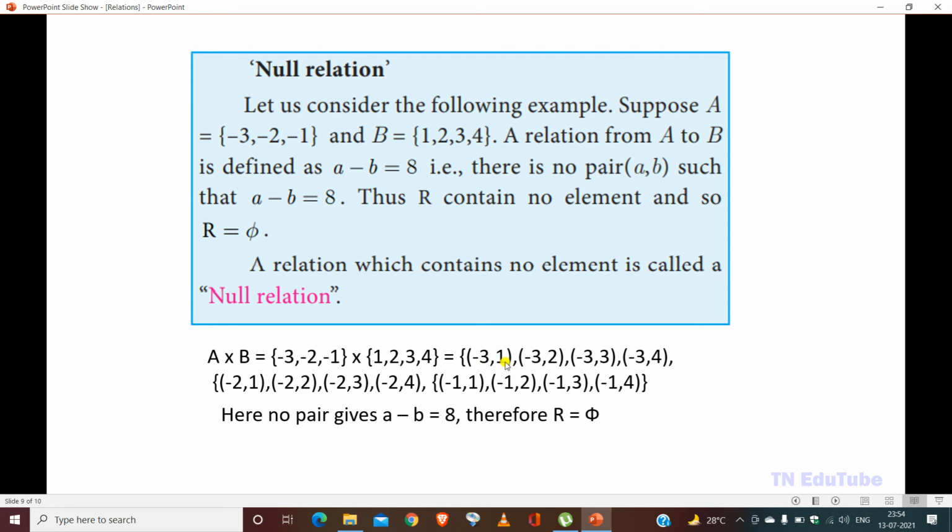Minus 3 minus 1 is minus 4. Minus 3 minus 2 is minus 5. Minus 3 minus 3 is minus 6. So, we cannot get a minus b equal to 8, isn't it? So, according to this condition, the relation set is the empty set. If the relation set is the empty set, we say that it is a null relation.